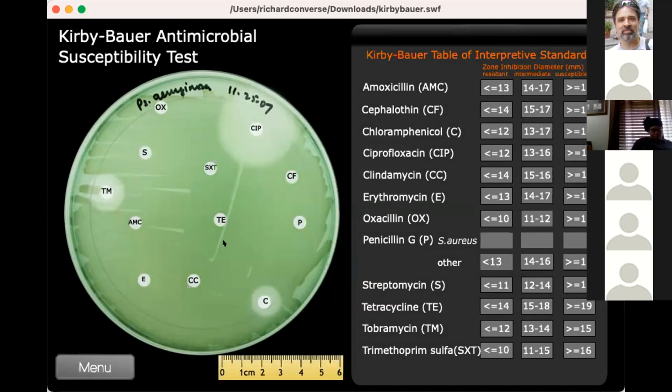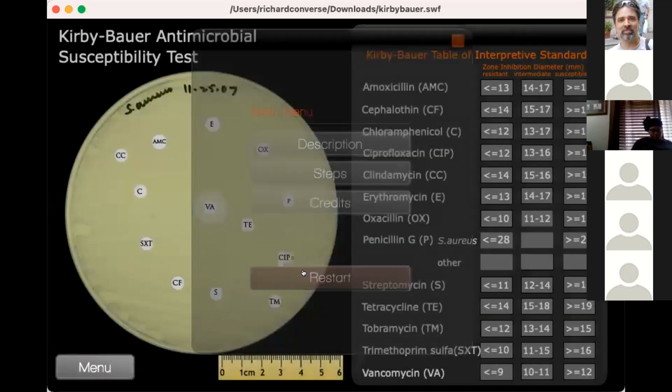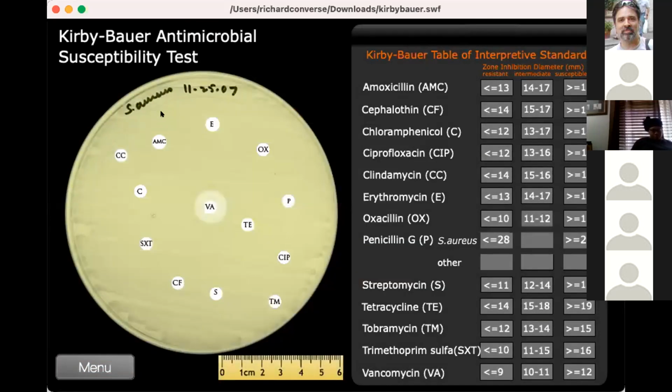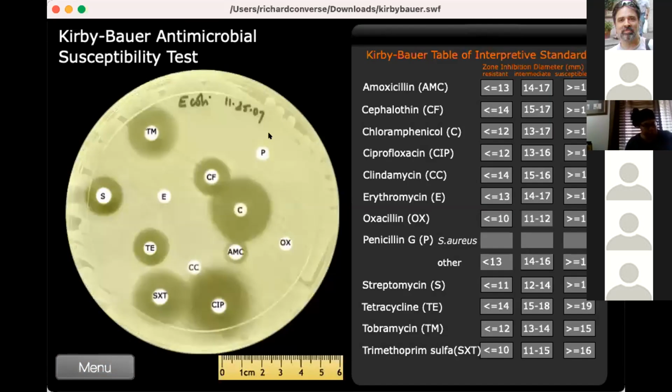Figure out who grew and who didn't, right? Hit menu again, restart. There's Staphylococcus aureus, okay? Do the same thing. Go back to menu, restart. There's E. coli, that's the first one we had. So there's 3 plates, 3 sets of data.